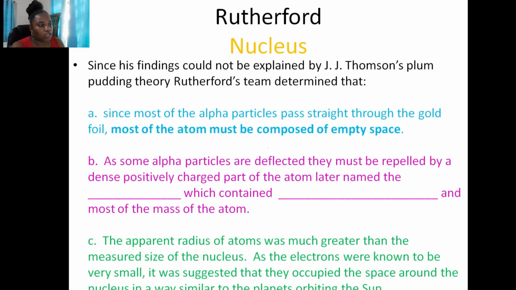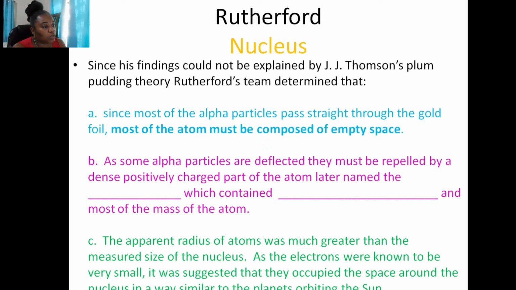So since his findings could not be explained by J.J. Thomson's plum pudding theory, Rutherford's team determined that since most of the alpha particles pass straight through the gold foil, most of the atom must be composed of empty space, which is what I mentioned earlier.